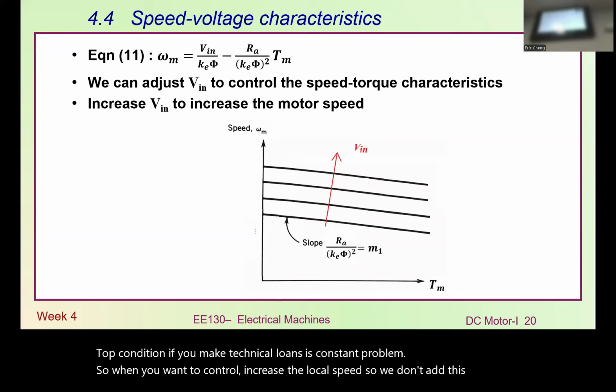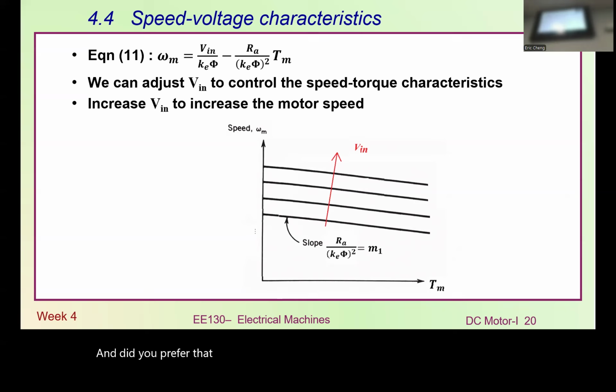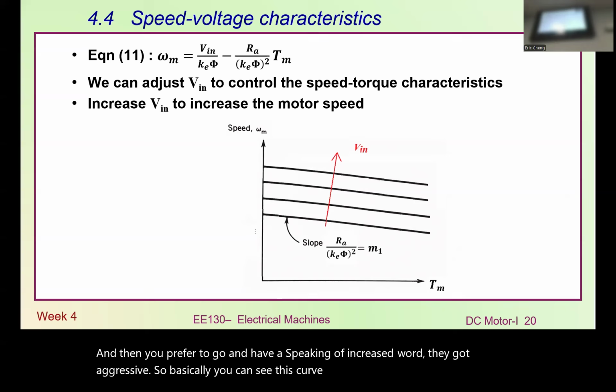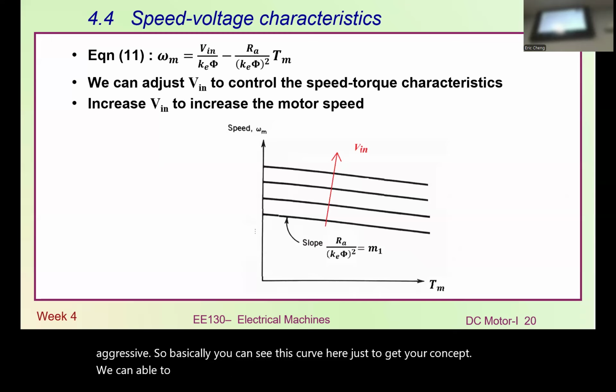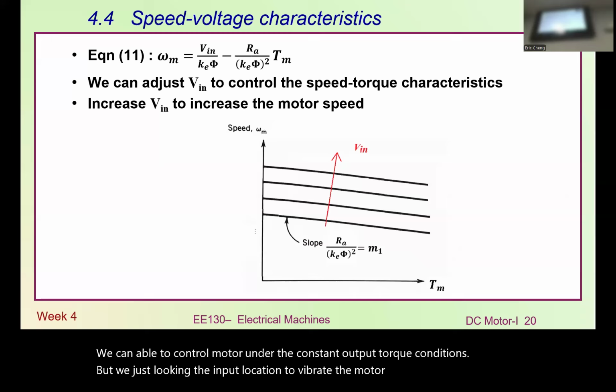If you want to increase the motor to the next level of speed, you just increase the voltage here. If you increase further, you get negative speed. So basically, you can see this curve here, just to give you a concept. We are able to control the motor under the constant output torque condition, using just the input voltage to regulate the motor speed. Simple and straightforward.